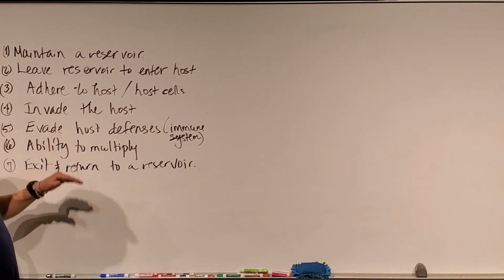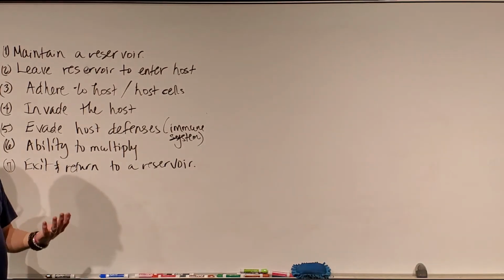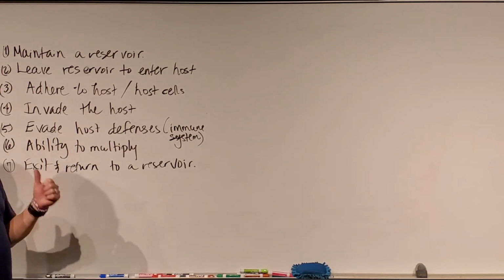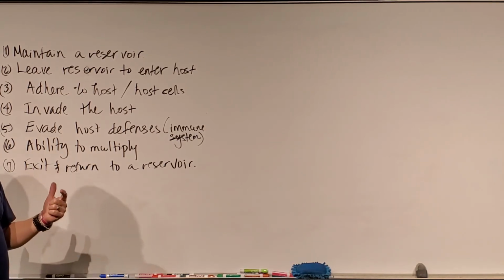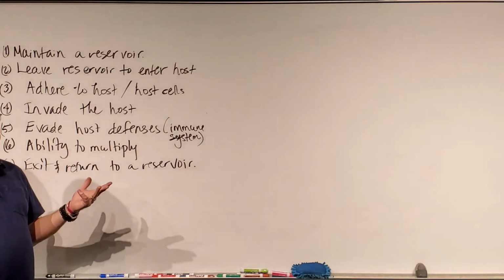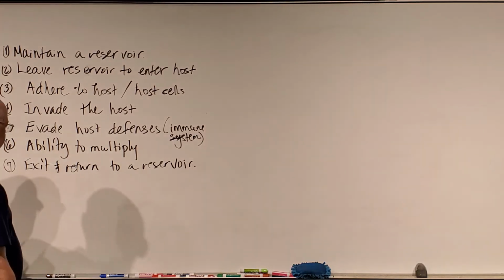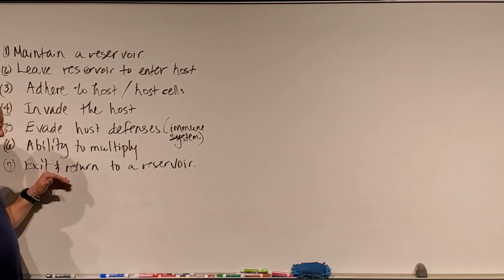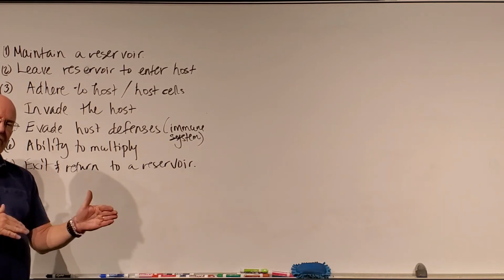They have to have the ability to multiply within the host. We're not going to go into detail on that. We've talked about how certain organisms multiply, whether through binary fission like in bacteria, or budding like in yeast, and some viruses have the lysogenic phase, or have the ability to do budding where they pop off little vesicles that contain the virus. And then they have to be able to exit and return to a reservoir, which they would do through what's called a portal of exit.